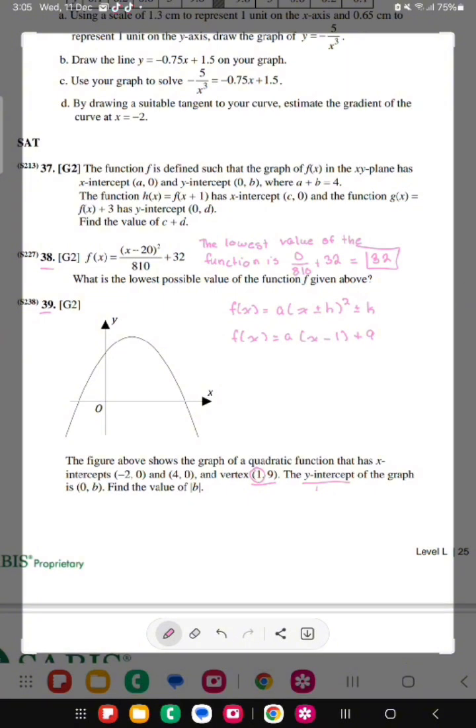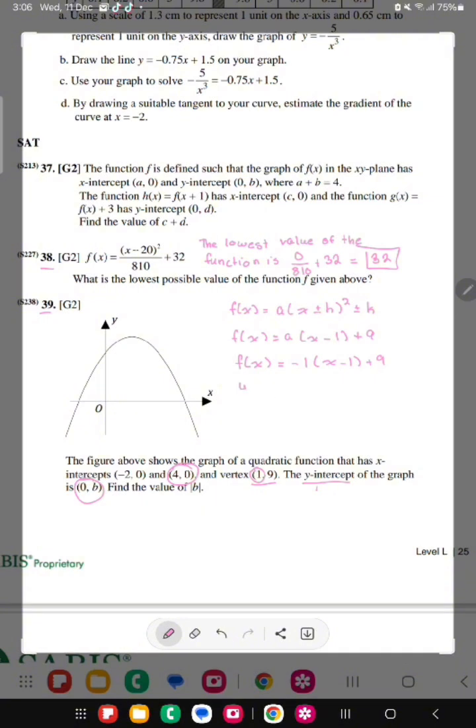Now you're going to want to find your a. You're going to put 4 for x and 0 for y, being f of x, because f of x is equal to y, and you're going to find a. Once you find a, you're going to get negative 1. So your final equation is f of x equals negative 1 times x minus 1 squared plus 9. They want the y-intercept. Y-intercept means that the x will be 0. Also, they already gave it to you here that the x will be 0.